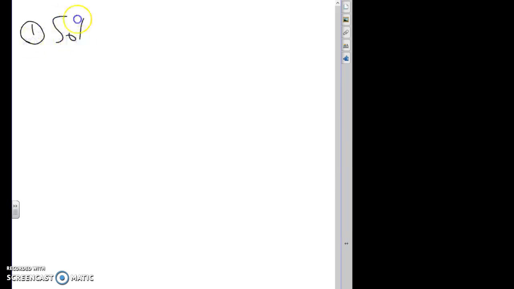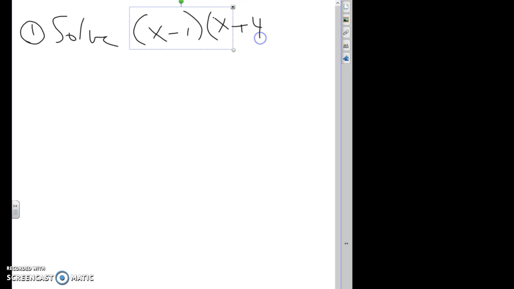Alright, so example 1. If we want to solve, let's start with one that's already factored. x minus 1 times x plus 4 equals 0. Only we want to do the inequalities, so let's make this greater than or equal to 0.